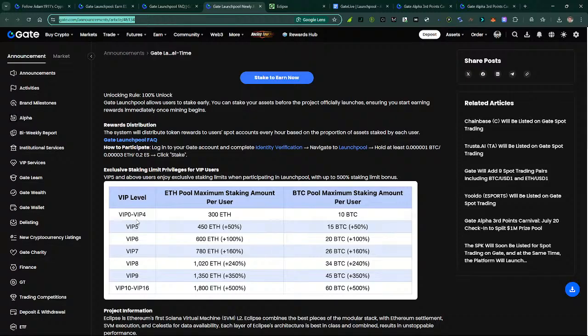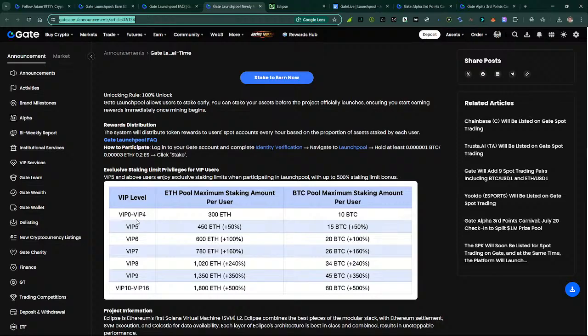VIP 5 and above users enjoy exclusive staking limits when participating in Launchpool with up to 500% staking limit bonus. From VIP 0 to VIP 4, the default amount is applied, and from VIP level 5, your maximum limit is going to increase.